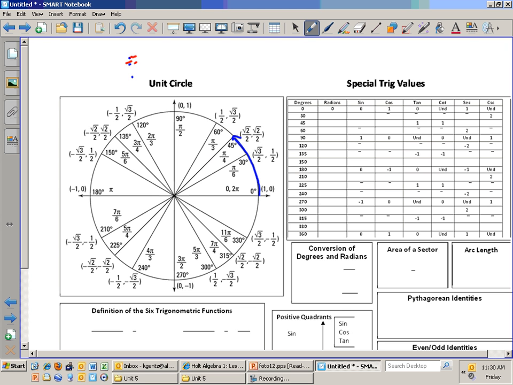Because little t in the unit circle is the same as theta, pi over 4 radians. At 45 degrees, what is the terminal point? Square root of 2 over 2, square root of 2 over 2. That's all it's asking for.